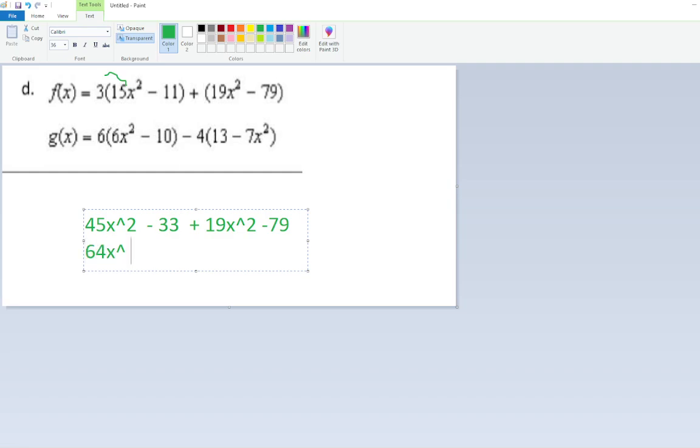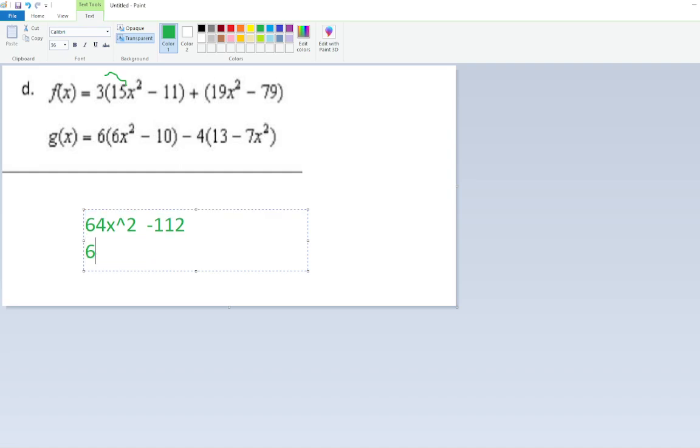You have to add up your like terms. And then minus 33 minus 79 is the same as minus 30 minus 70 minus 3 minus 9. This is clearly minus 100. This is clearly minus 12. And this is clearly minus 112. So that's what the first one expands out to.